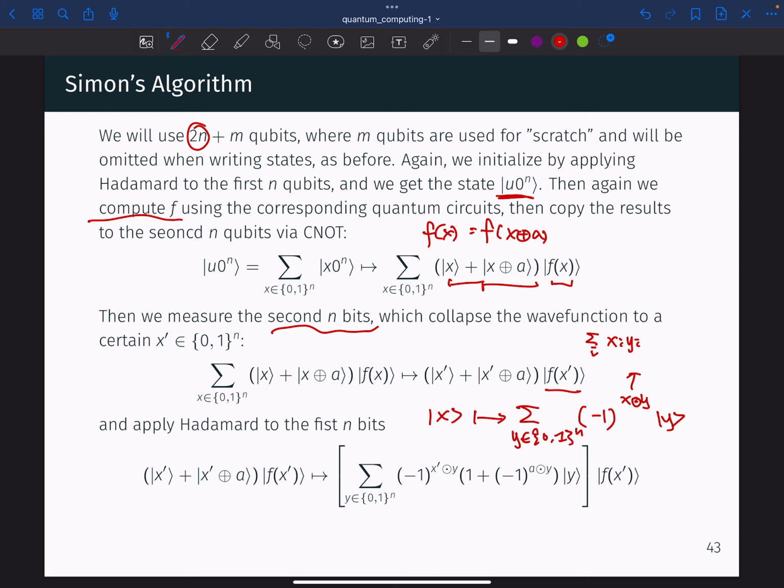So you do the dot product and mod 2. We use this equation here, and then we'll get this value.